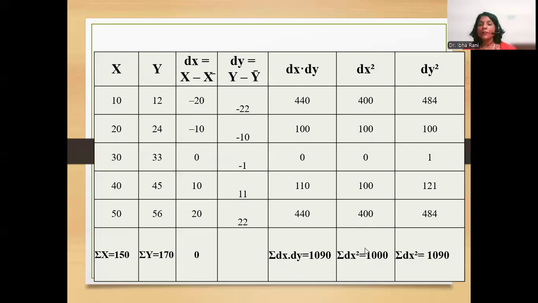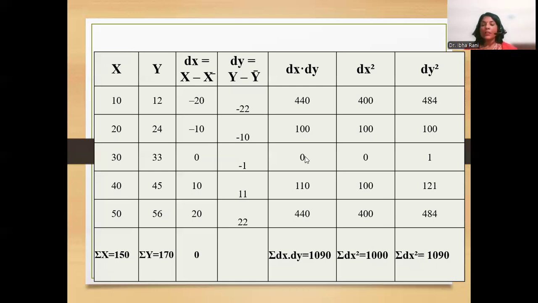So summation of dx squared is 1000. In the same way we will calculate dy square. dy we have calculated as minus 22, minus 10, minus 1. So dy square is 484, 100, 121, like this. So summation of dy square we have calculated as 1190.